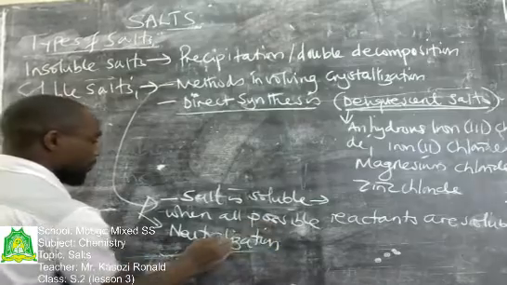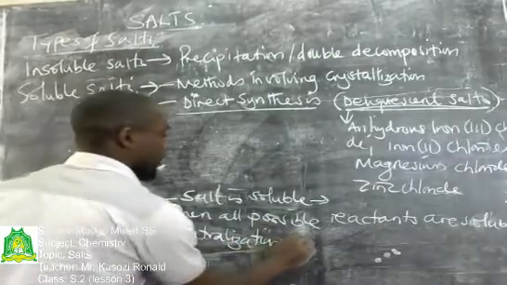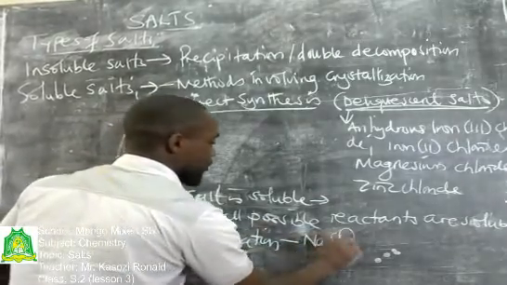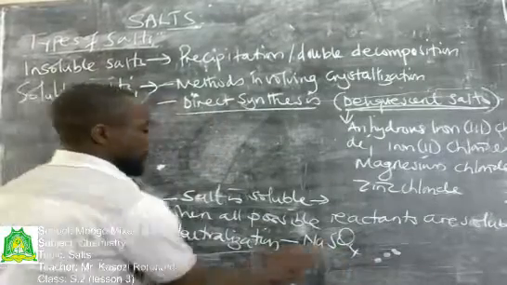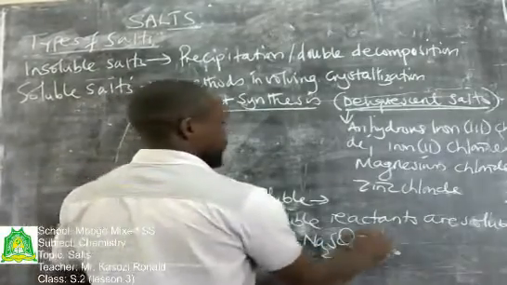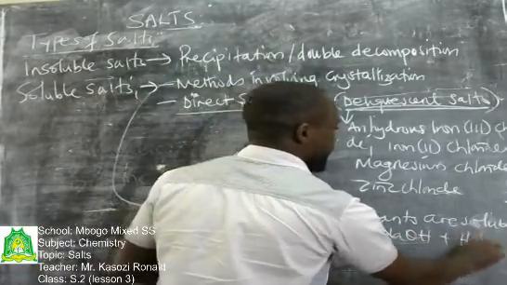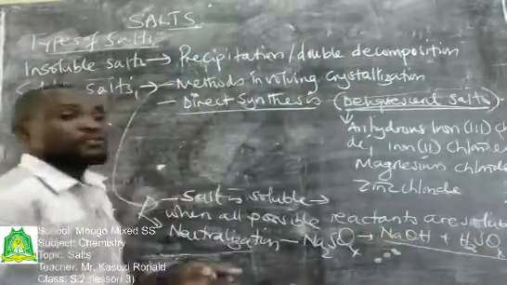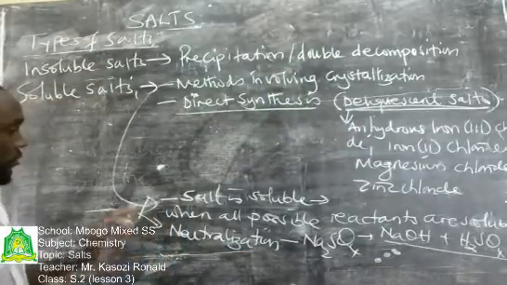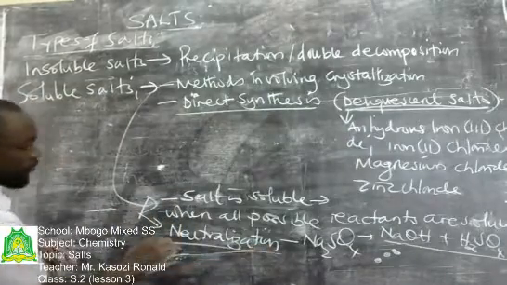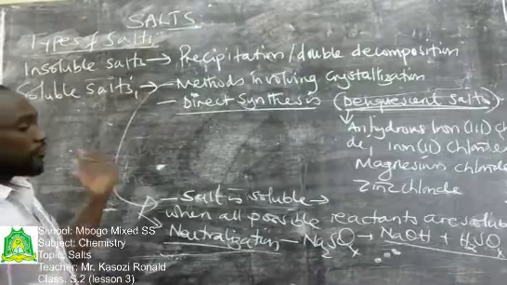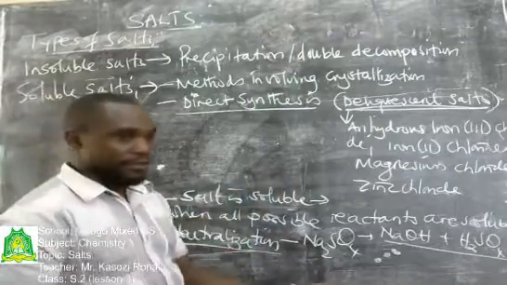For instance, sodium sulfate will be obtained from sodium hydroxide and sulfuric acid. All these reactants are soluble in water, so that method would be neutralization, and then it involves the crystallization method.